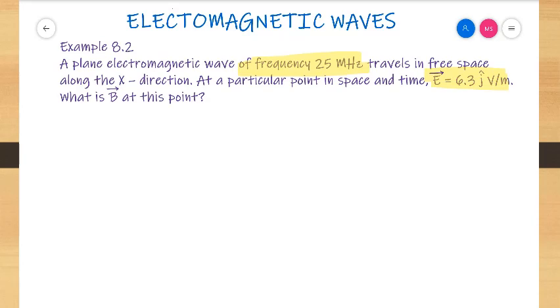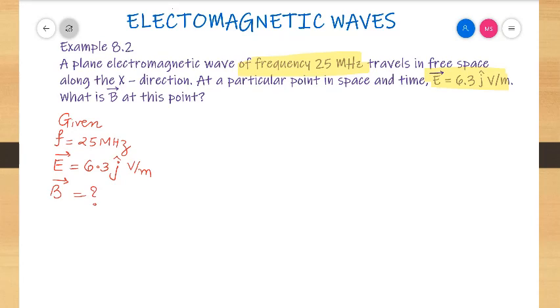So if we make a list of given data, frequency is 25 MHz and electric field vector E is given as 6.3 j cap volt per meter. Now what we have to calculate? We have to calculate magnetic field B vector.